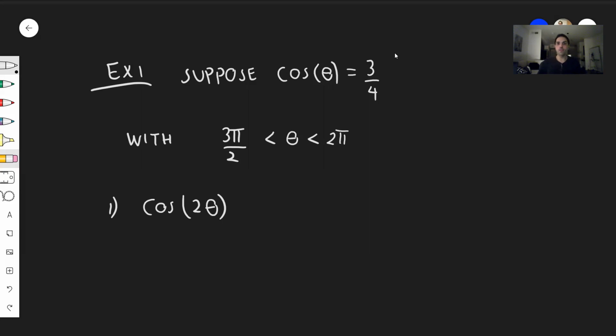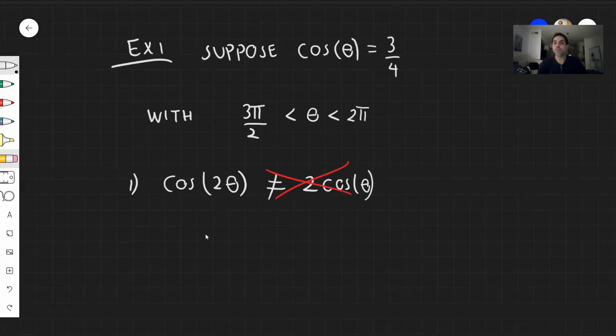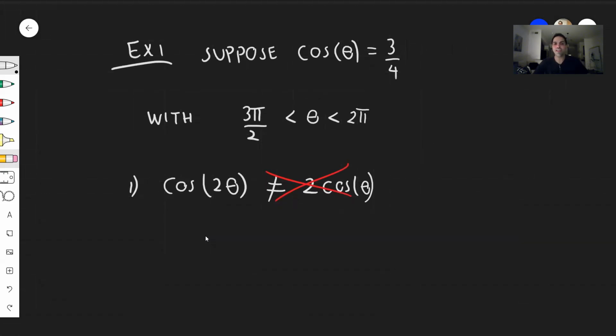Which leads me to the double angle formula. First of all, be careful, it's not the same as 2 cosine of theta. There is no law where you can just pull the 2 out. Instead, you have to use the double angle formula for cosine. Here's how I remember this. Remember cosine squared plus sine squared equals 1.